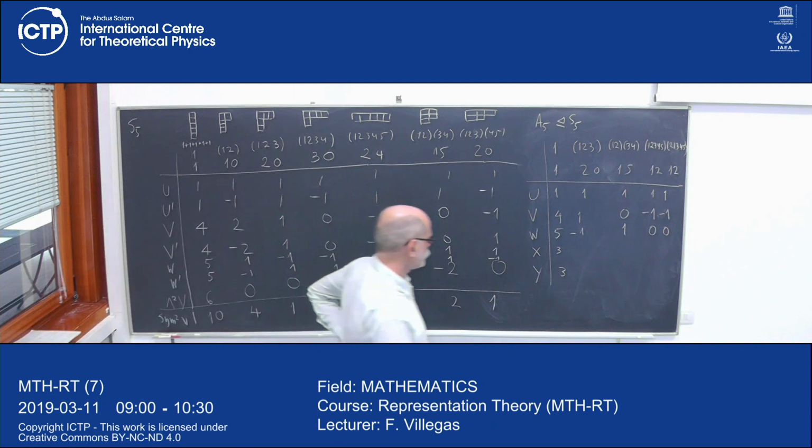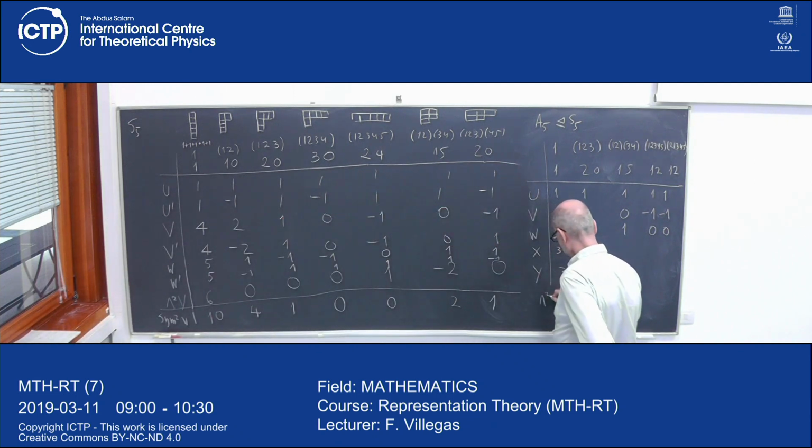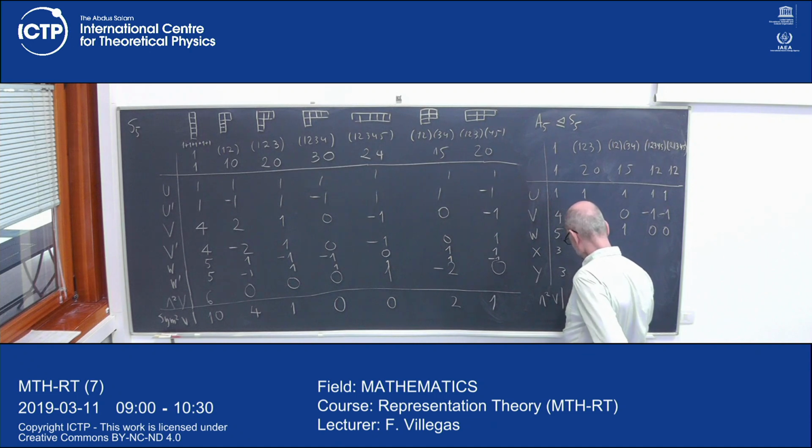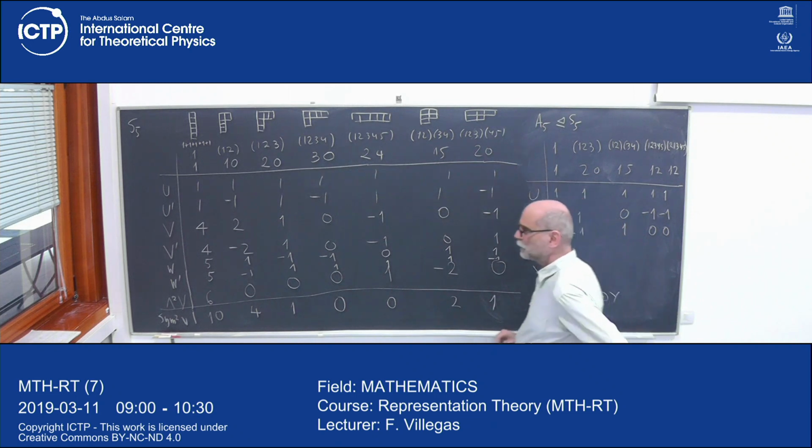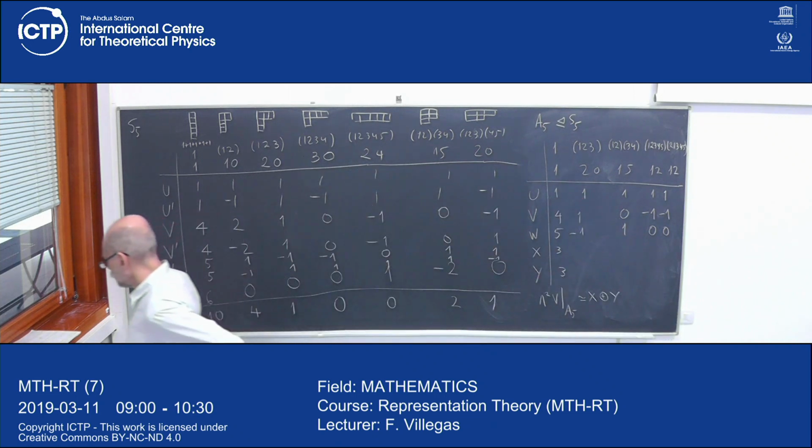So the restriction of wedge 2 of V to A5 becomes isomorphic to X direct sum Y, two irreducible representations of dimension 3.